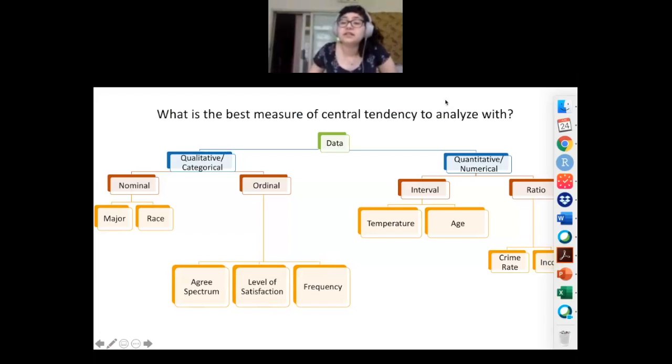And so we have to think about what the best measure of central tendency to analyze within these specific types of data.